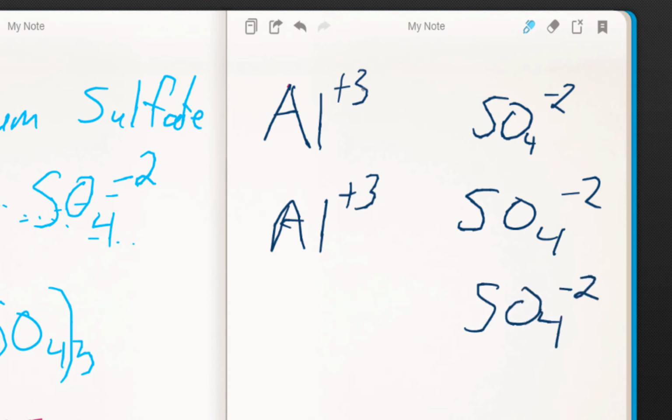Now it's balanced. 2 aluminum ions and 3 sulfate ions combined together to make this compound called aluminum sulfate. It's Al2(SO4)3. Okay? That's why you're crisscrossing it. So you don't have to think about all of this. How many of each ion do I need? If you'll crisscross it and simplify, it'll work every single time.